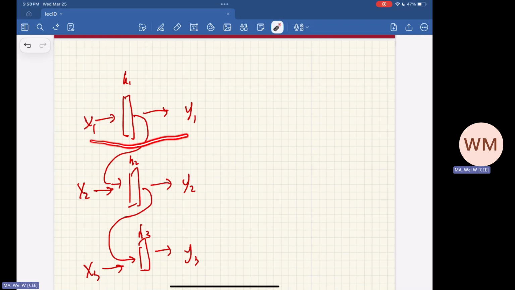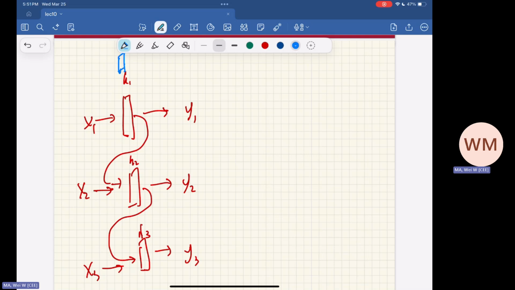For this first MLP, you have H1, and usually we have an H0 as an initial state. So you always have H_{t-1}. So this is H0 and X1; you put in a function and you get H1. Then you use a layer to make it Y1, and similarly you make Y2.